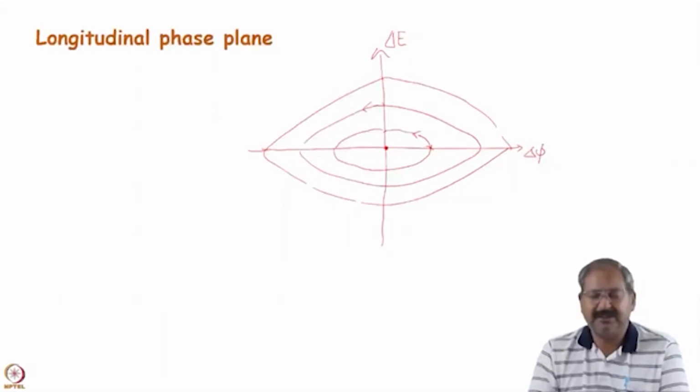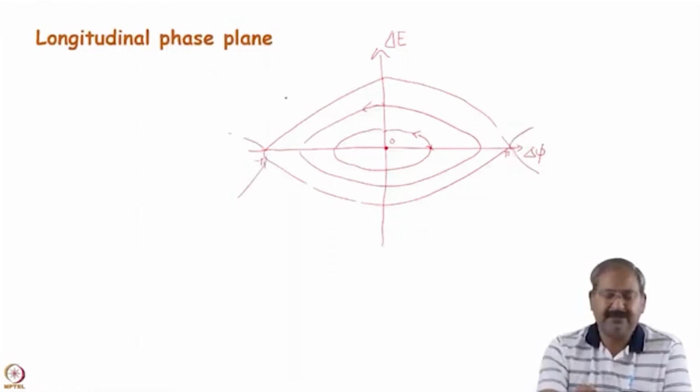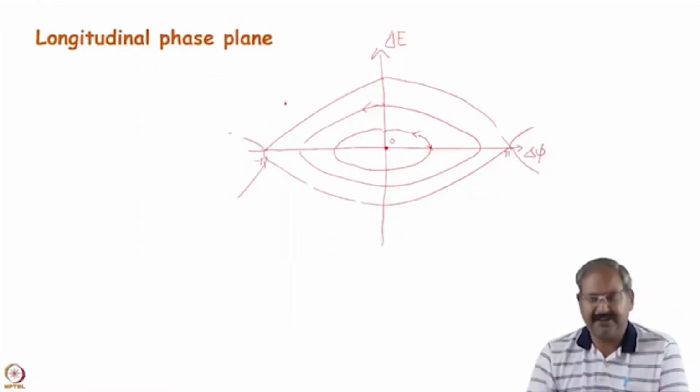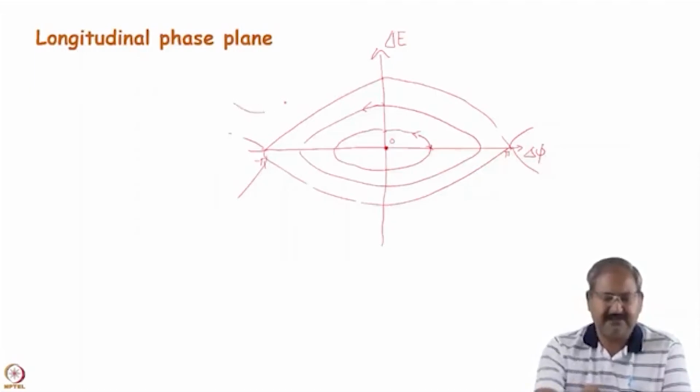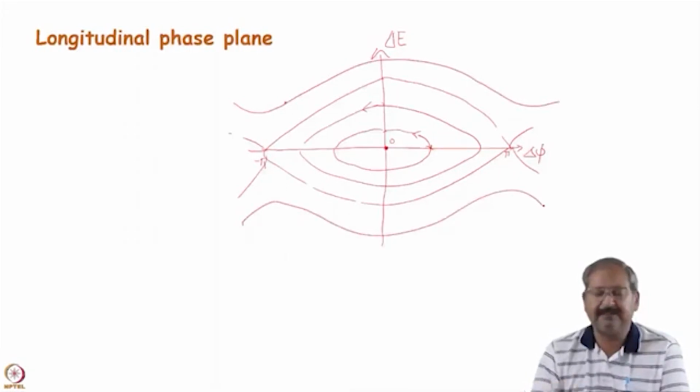And if d beta by dt is 0, meaning we are talking about the storage mode of operation, then the stable phase will be 0, and the range goes from pi to minus pi. Above this, suppose the phase is here or the energy deviation is here, what happens to these coordinates? These coordinates will have open trajectories, no bounded motion like this.